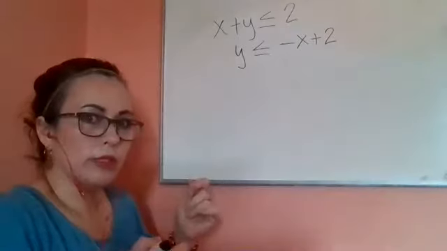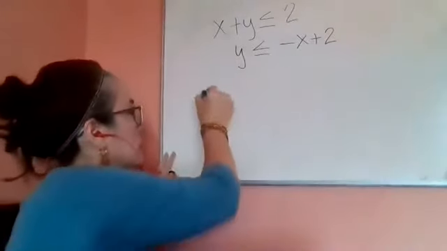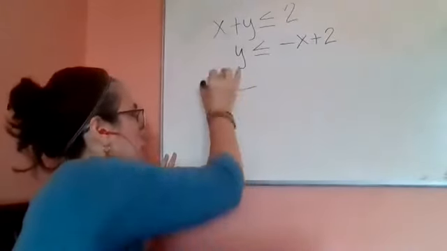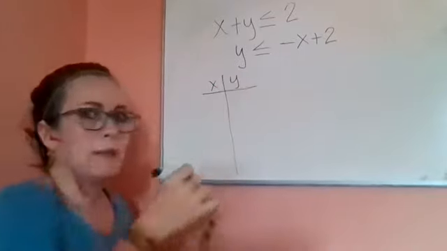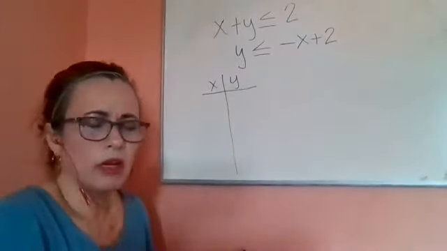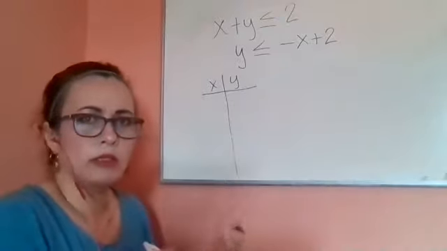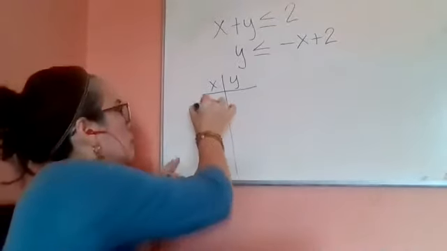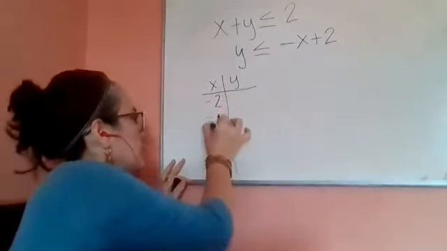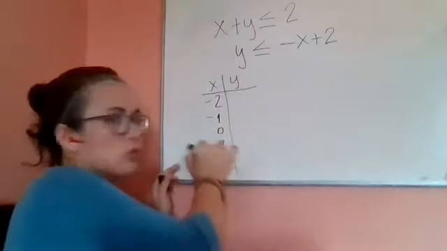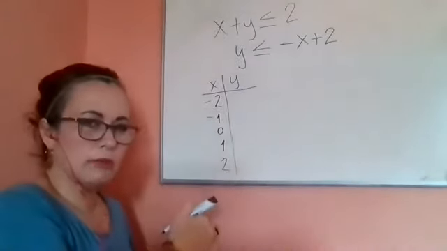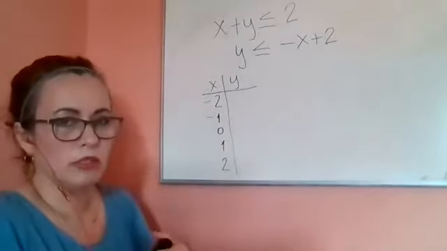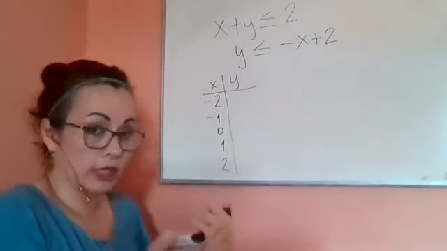I'm going to work with this, making a table, and I'm going to use the standard values: -2, -1, 0, 1, 2. I call them standard because those are the most usual values: you get some values on the negative side and some on the positive side, and also you get the 0.